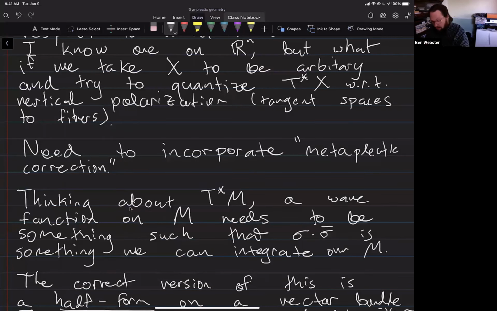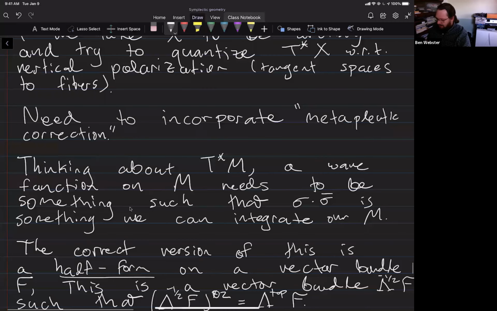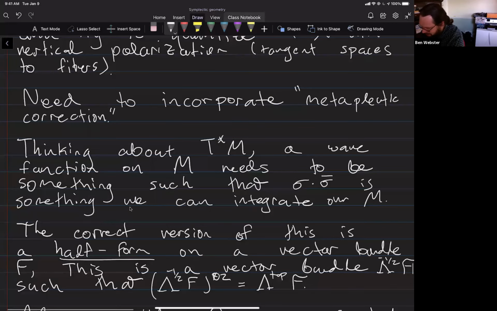So it should be a real valued top form. And the way to correct this is to take what's called a half form. Let me say a little bit about this, and then we can discuss it in more detail next time.